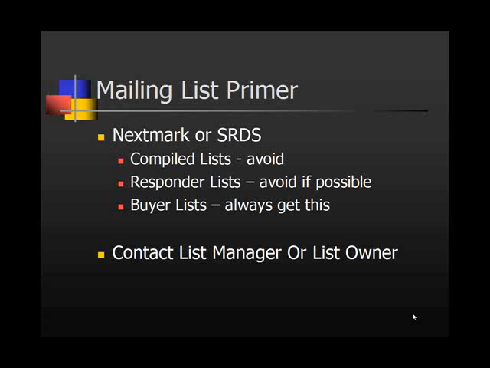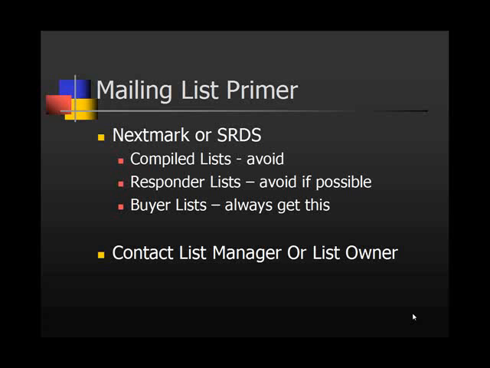So before we do that, just wanted to give you a quick intro into the three different types of lists and what you should watch out for. One of the most common lists that you will actually see is something called a compiled list.